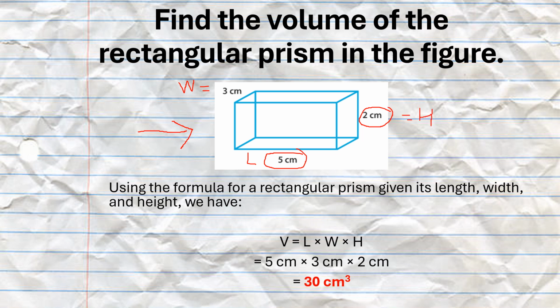Using the formula, V equals length times width times height, we multiply 5 centimeters times 3 centimeters times 2 centimeters. The volume of this rectangular prism is 30 cubic centimeters.